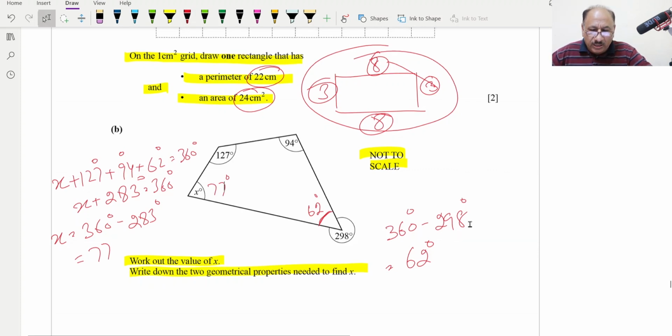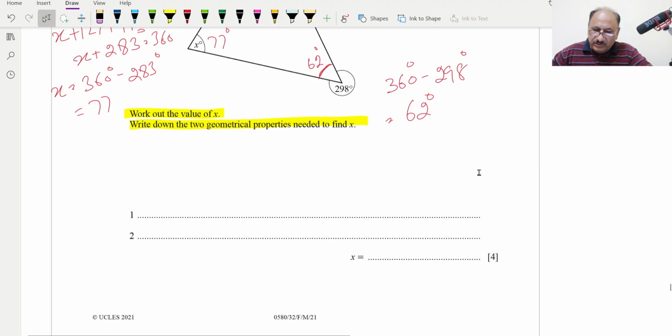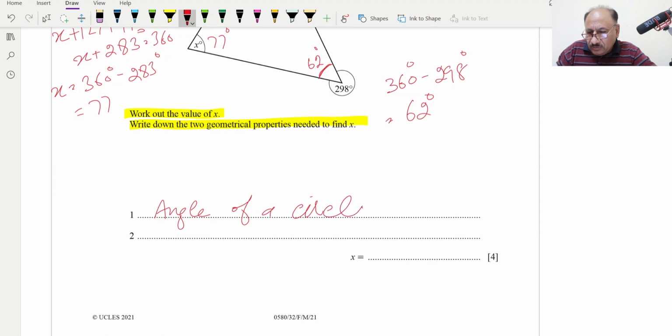Now we have to write down the two properties or the rules which we have applied over here. One rule we applied is that the angle of a circle is 360 degrees. So we will write angle of a circle is 360 degrees.